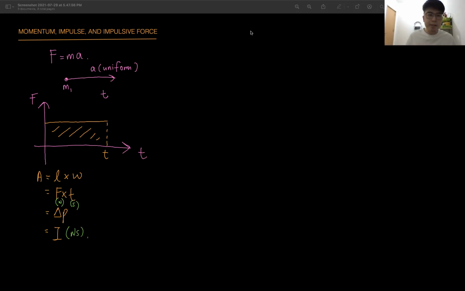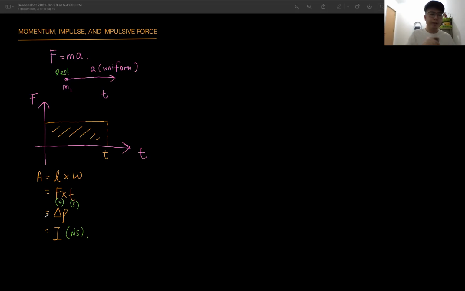If the mass started at rest, then the force that I apply changes the momentum, right? So how much momentum did it gain? That gain in momentum is going to be equal to the change in momentum here, if the mass started at rest.